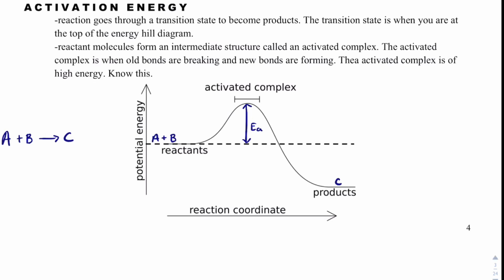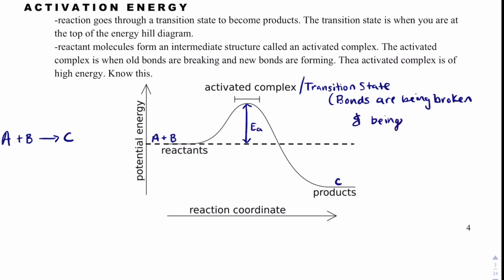Okay, and what happens at the top of your hump, or the very highest energy on my graph here, is called the activated complex, and that is sometimes called the transition state. And in a transition state, that is when bonds are being broken and being formed at the same time.